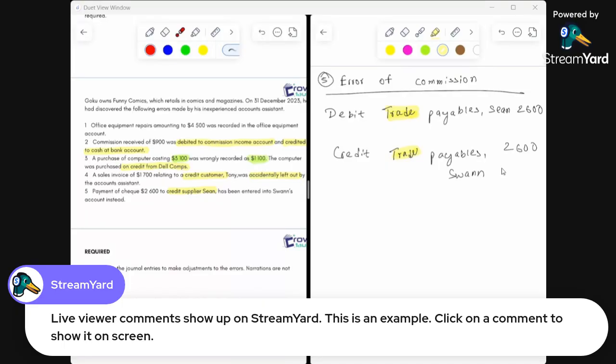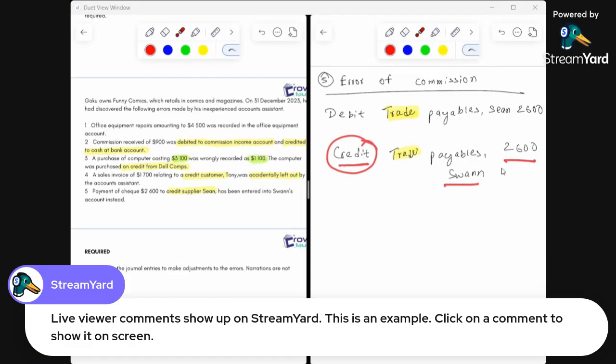So what do we have to do? We have to increase the obligation of the liability we have with the other supplier, which is Swan, okay? Previously, Swan would have been debited when we made the payment by mistake, right? Now, if we are fixing it, we have to increase our liability again with Swan. So that's why we're crediting trade payables, Swan, 2,600, because when liabilities increase, we credit them.